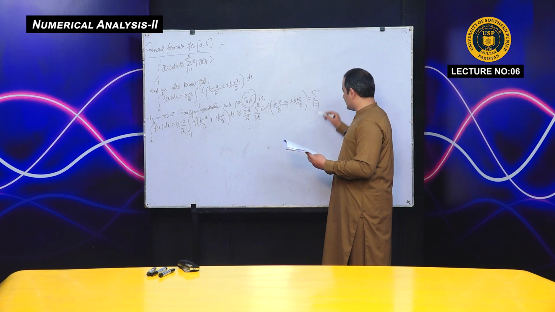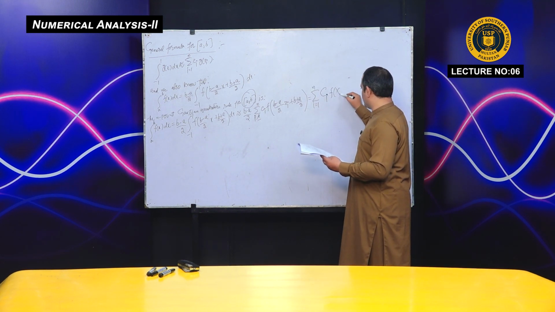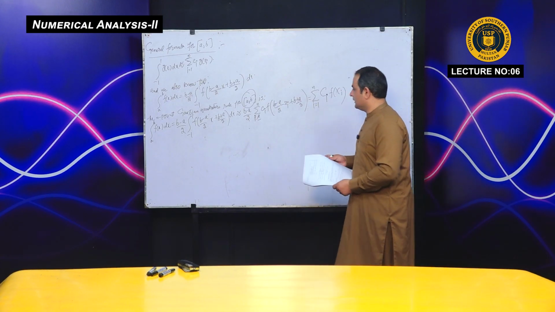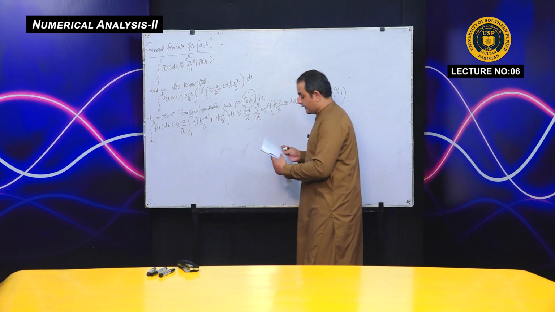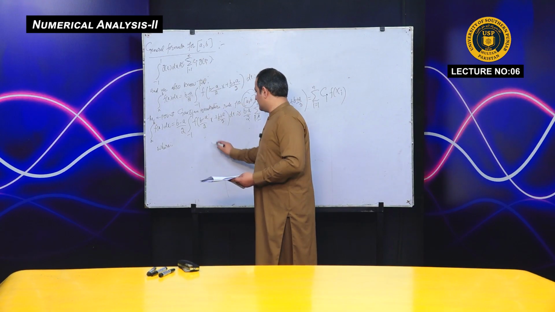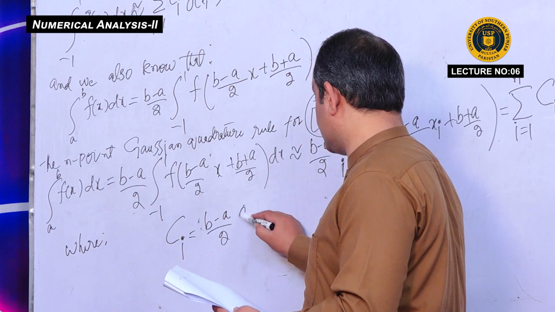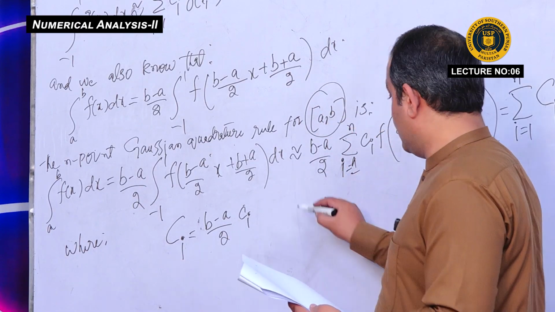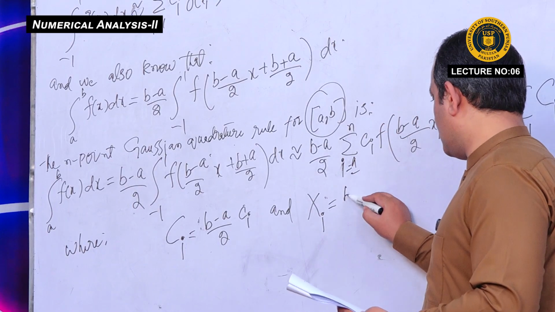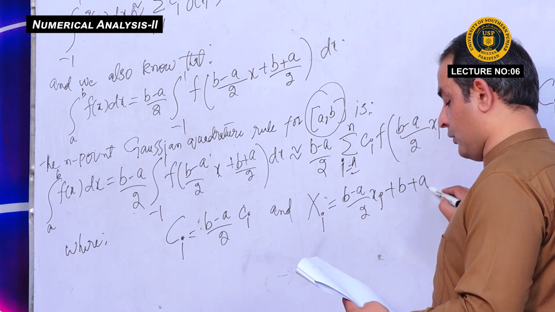We can rewrite this as the summation from i equals 1 to n of capital C i f of capital X i, where capital C i equals (b minus a)/2 times small c i, and capital X i equals (b minus a)/2 times small x i plus (b plus a)/2.